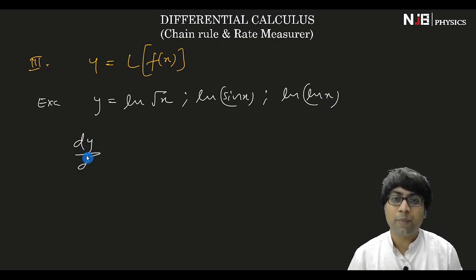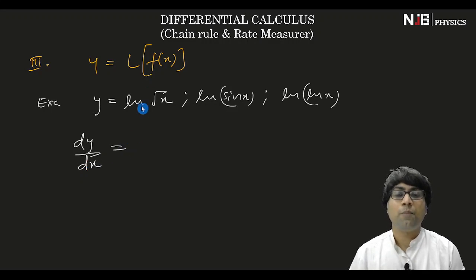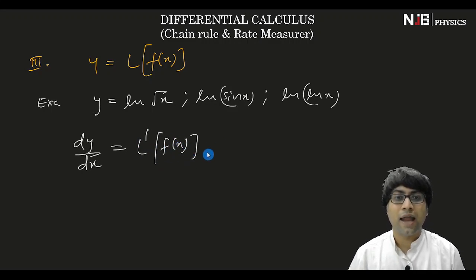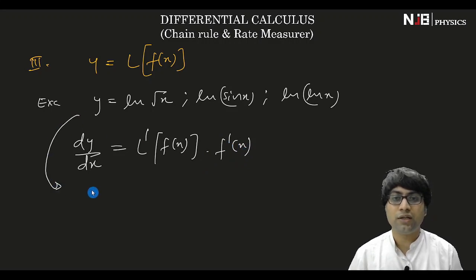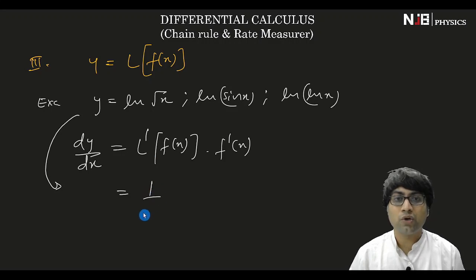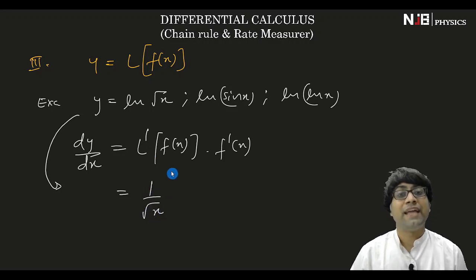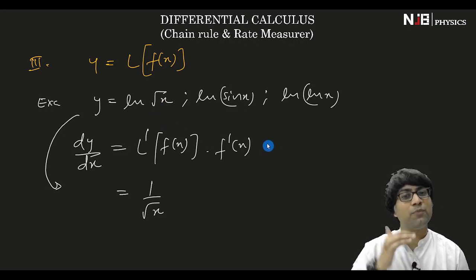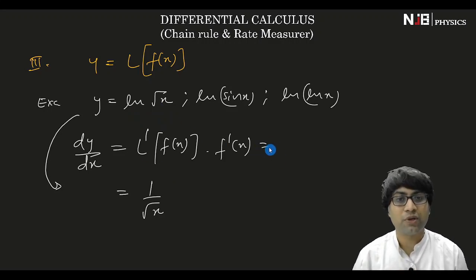In all these situations, how are we going to use the chain rule? Again, dy by dx is found by differentiating this L first, with f of x remaining as it is, and then we multiply by the derivative of f of x. The derivative of ln of f of x is 1 upon f of x, so we can write it as 1 upon f of x into the derivative of f of x.